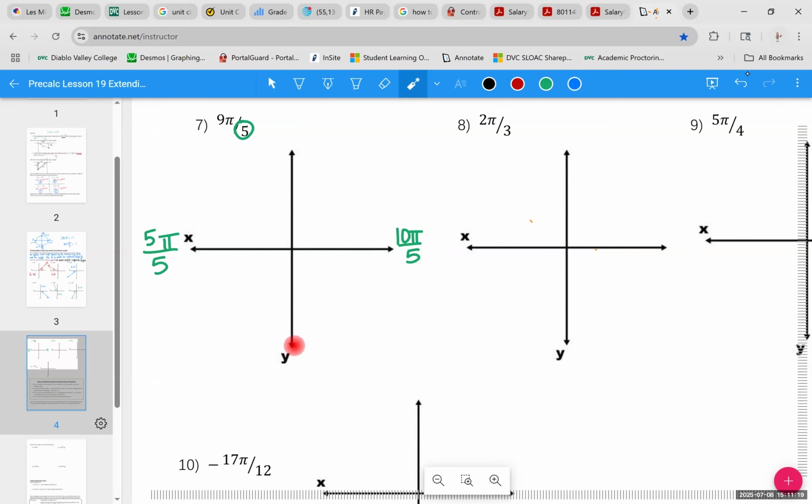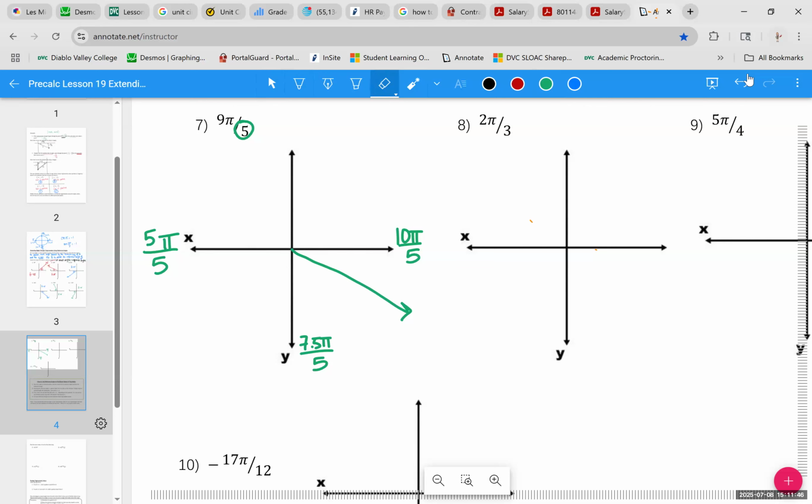Halfway in between, that would be an odd number, so it'd be like 7.5 pi over 5. But it gives us a point of reference so that when we go to figure out where the 9 is, it's going to be past this over here. So my 9 pi over 5 angle is here.